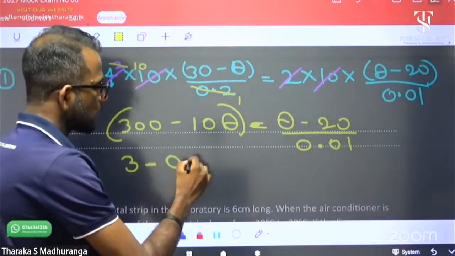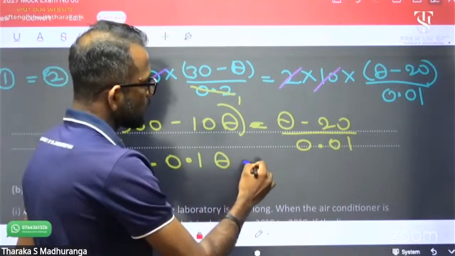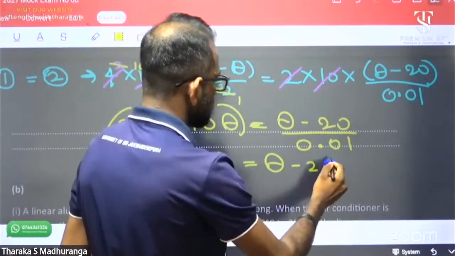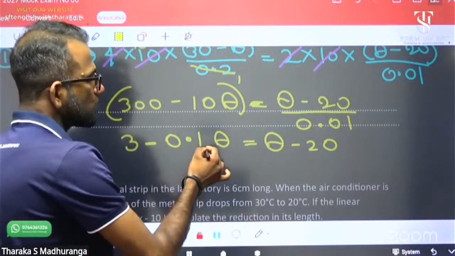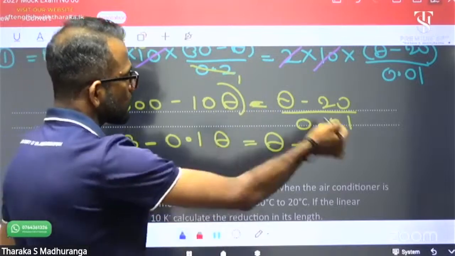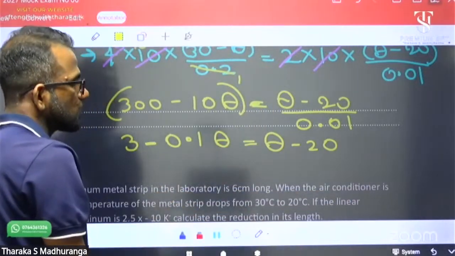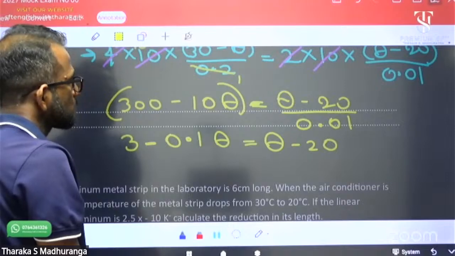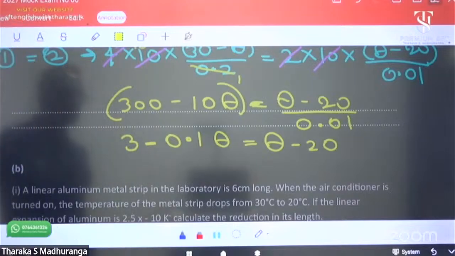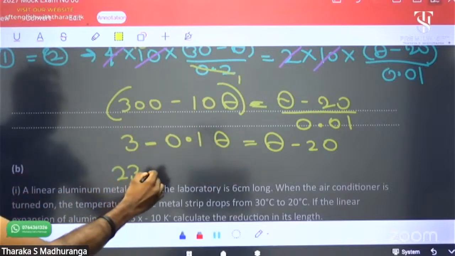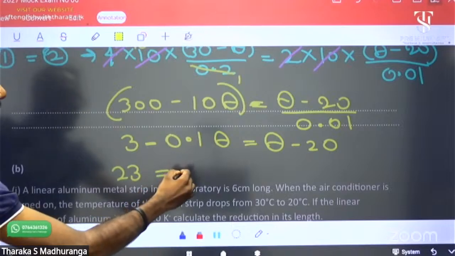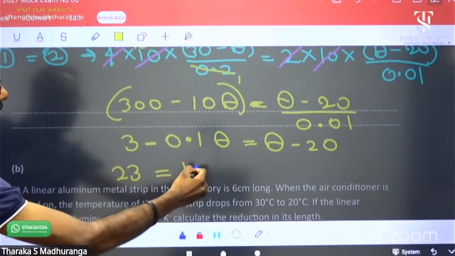Good. 0.1 theta equal theta minus 20, right? Now 0.1 theta, get into opposite side. Then it is 23. Minus 20, get into this side. 23 equal 1.1 theta.